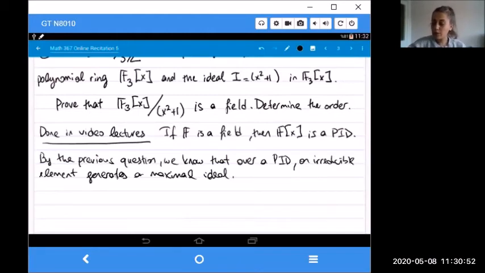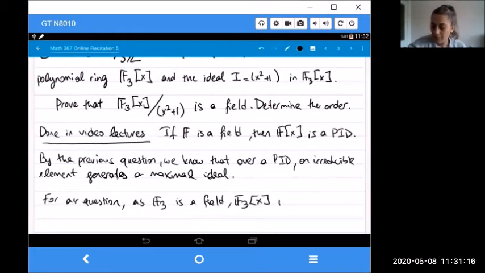Now for this one, we know that F3 of x is a PID for our question, as F3 is a field. F3 of x, the polynomial ring over F3, is a PID.